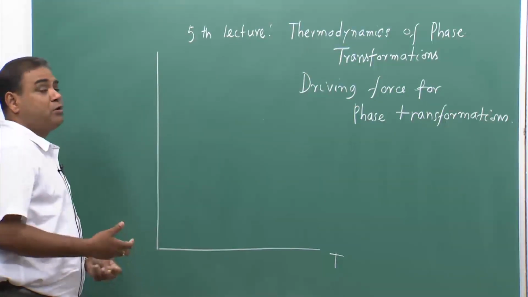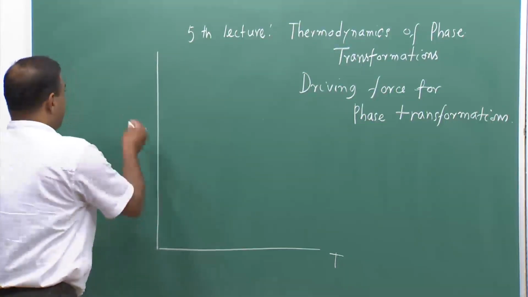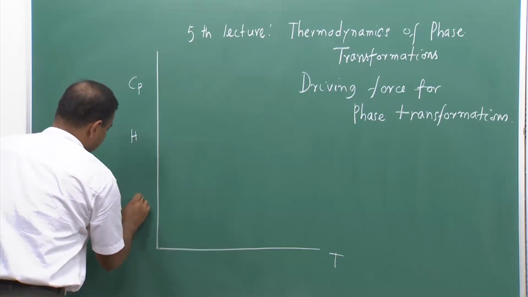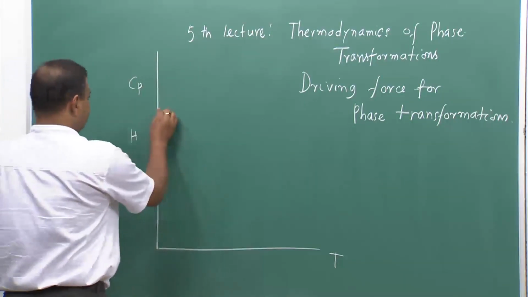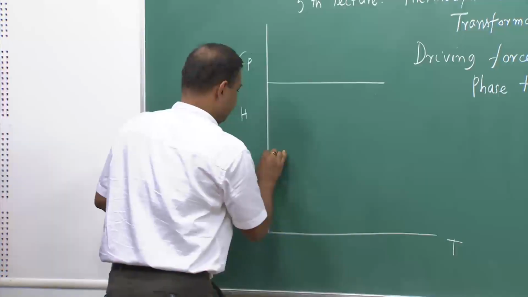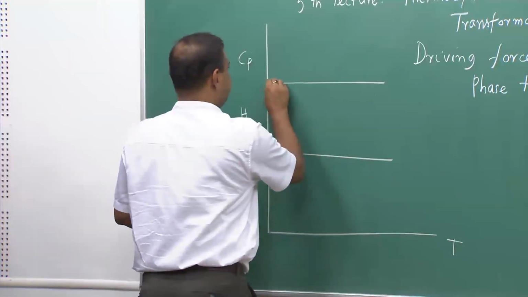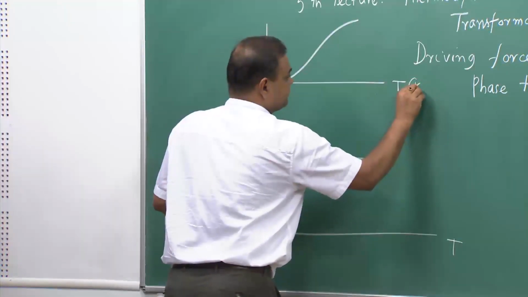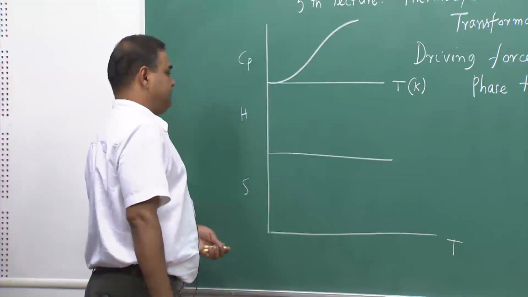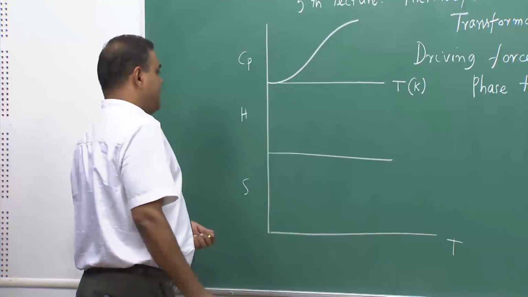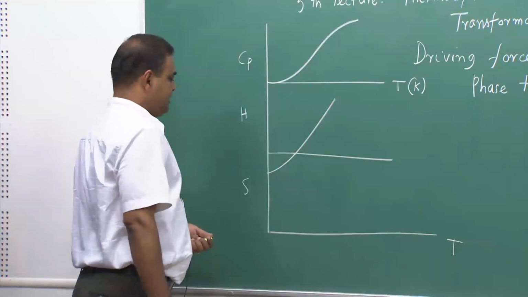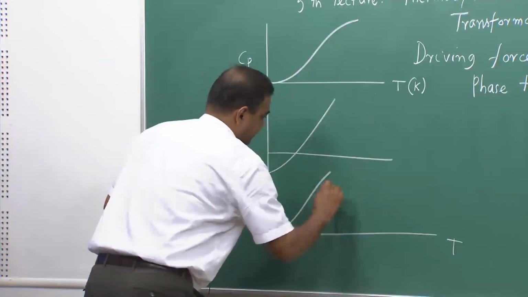We have taken pure metal actually, and we have tried to see how Cp, enthalpy as well as entropy vary as a function of temperature. So, we have seen that the Cp varies like this as a function of temperature. This is in Kelvin scale, and then enthalpy varies like this, and entropy varies like this again.